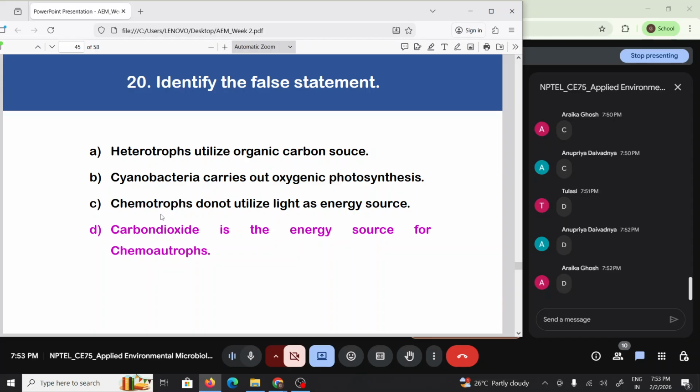And finally, coming to the statement that carbon dioxide is the energy source for chemoautotrophs, it is not the energy source. They just derive their energy from inorganic substances, not carbon dioxide. Carbon dioxide is only the carbon source, and that is why it is the false statement.